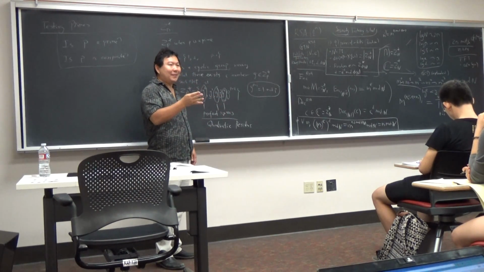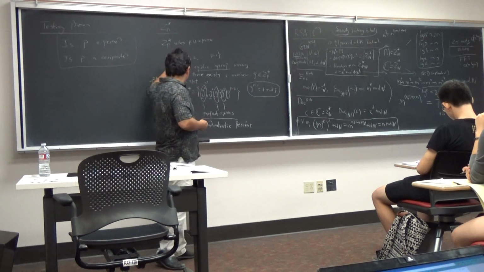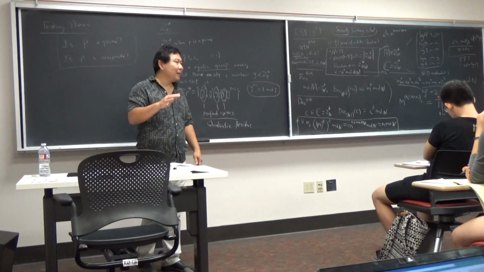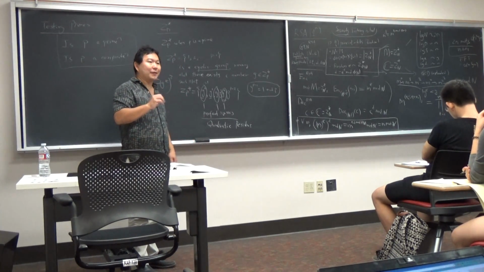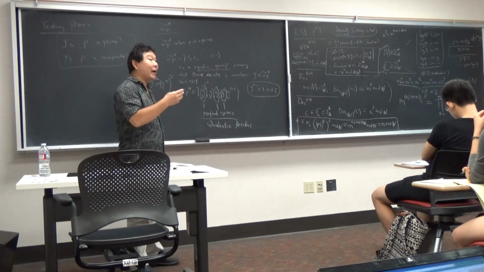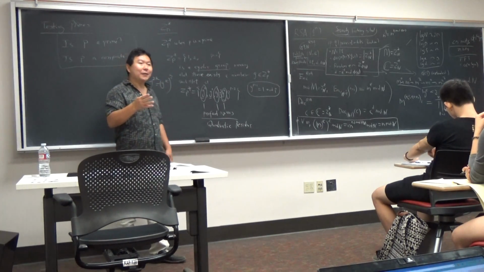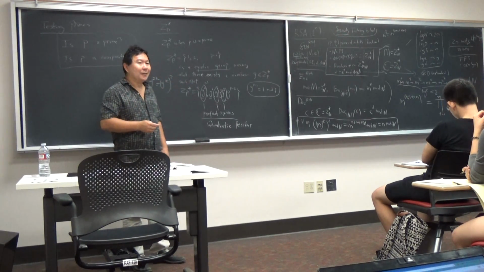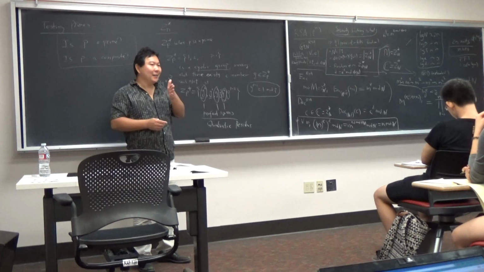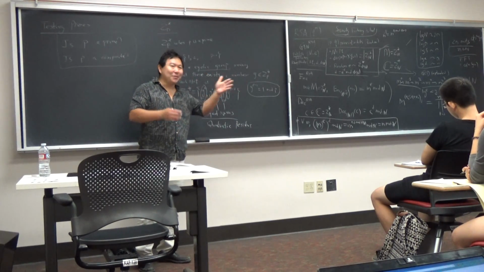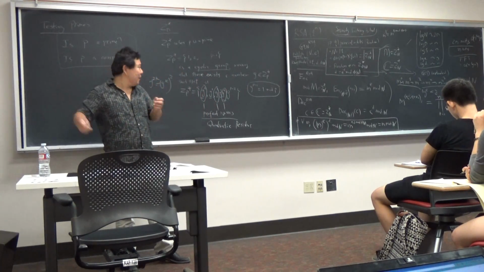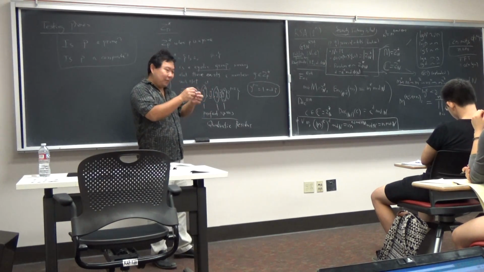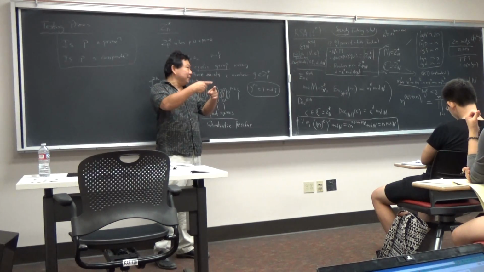A quick statement: if p is a prime, then exactly half are perfect squares and exactly half are non-perfect squares. This is something I alluded to. The only other place you have exactly half perfect squares and half non-perfect squares is the real numbers, where all the positives are perfect squares and negatives are not. But here it's much more interlaced. It's almost like we put the plus and minus together in a mixture.